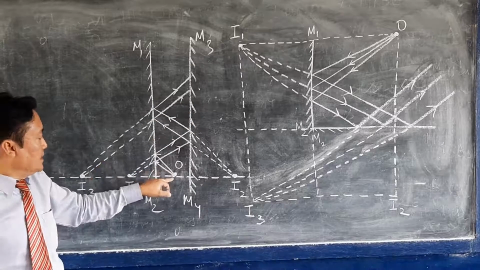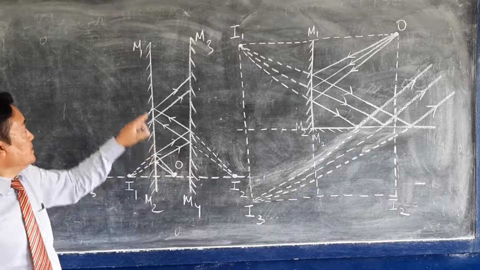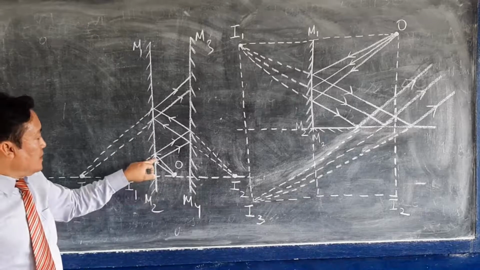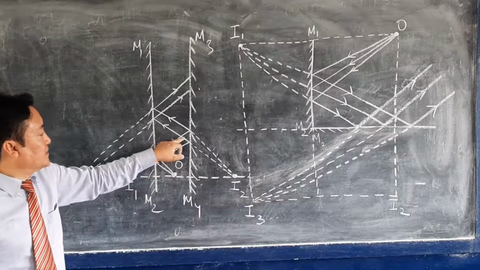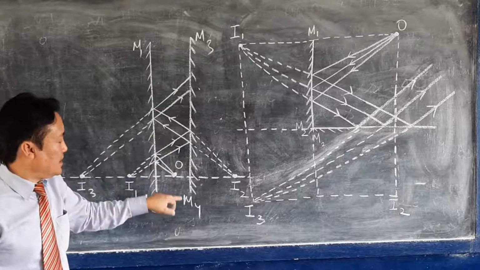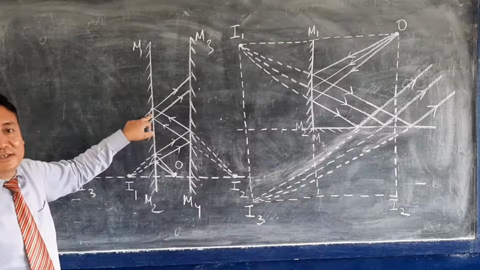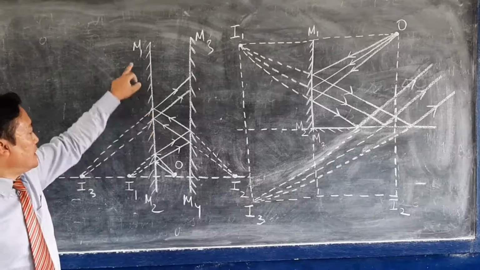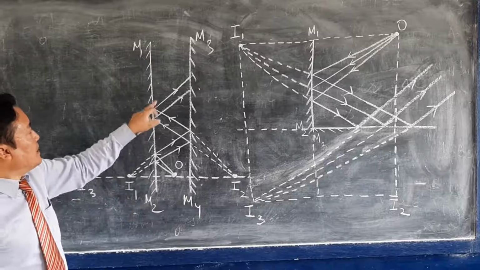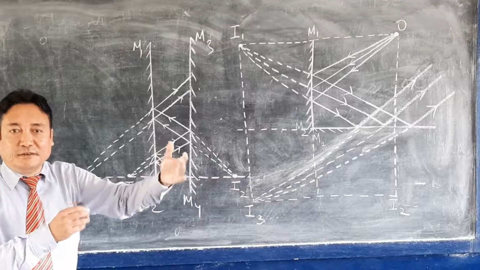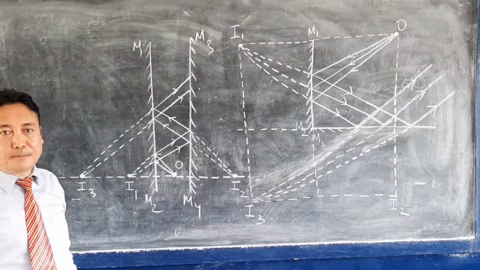So from the object, the incident ray of light falls on the mirror M1 and M2, and from M1 and M2, the rays of light are reflected towards M3 and M4. And again from M3 and M4, the rays of light will be reflected towards M1 and M2. Again from M1 and M2, it goes to M3 and M4 and so on. So that means the reflection keeps on taking place here.